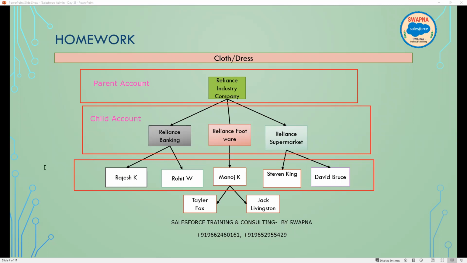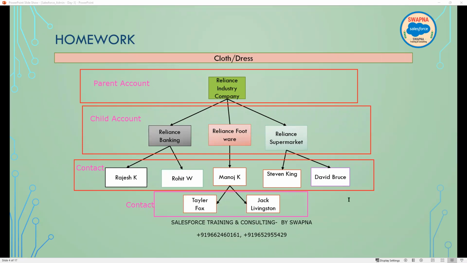This is a contact. These are contact records. Within this, I have a few more contacts. That means a few more contacts are there. Now this is also a contact.